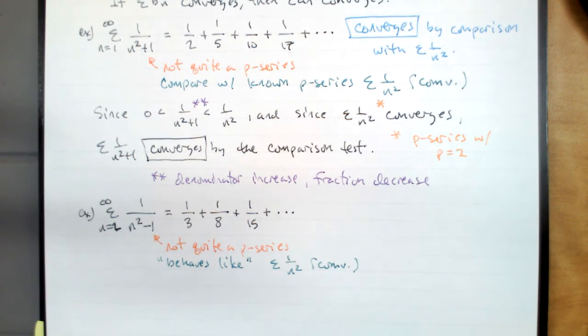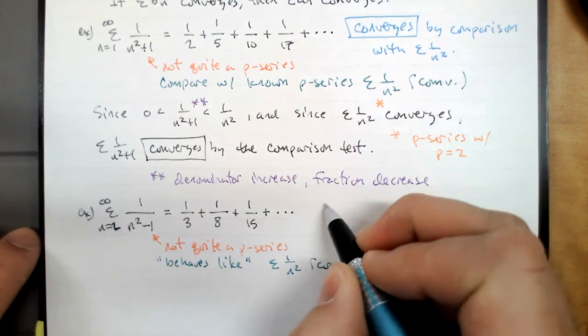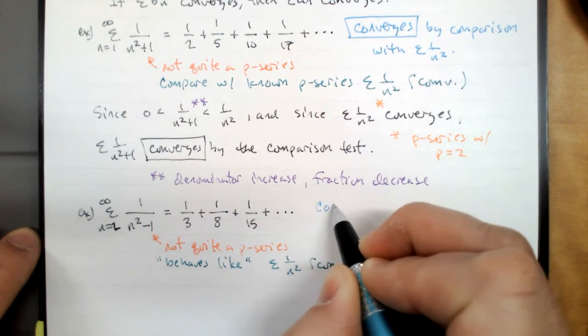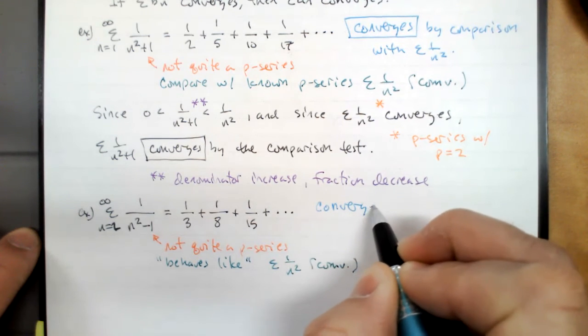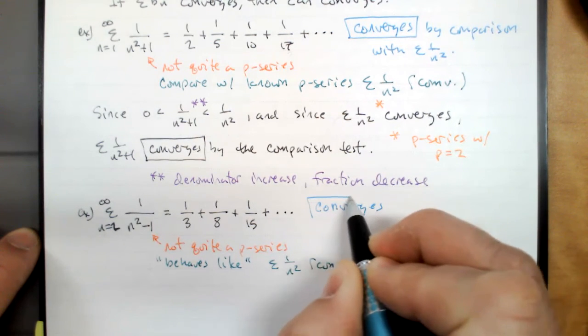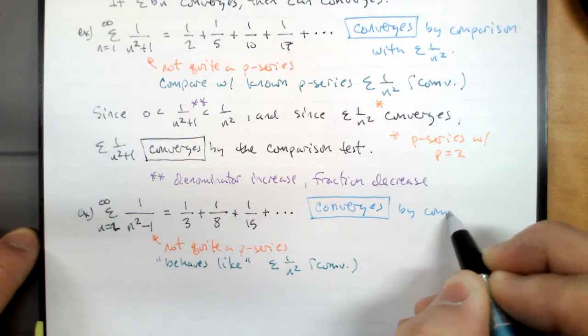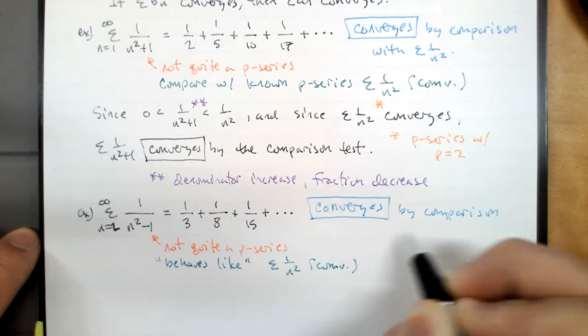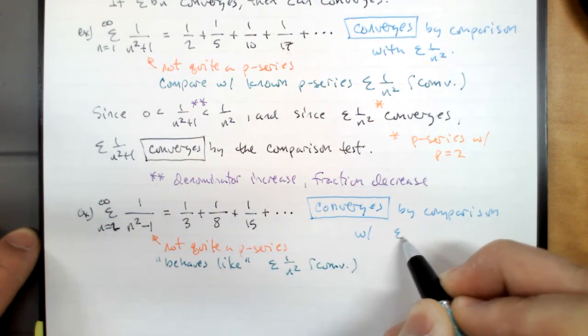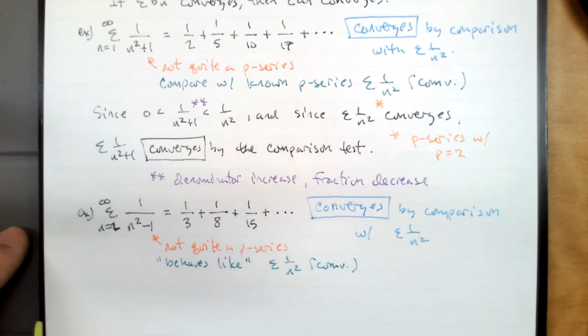Taking the important parts out of the numerator and denominator, we look at this as a 1 over n squared, and that converges because that's a p series, a known convergent series. So we should say we're going to suspect that this converges by comparison with the series 1 over n squared, a p series with p equal to 2.